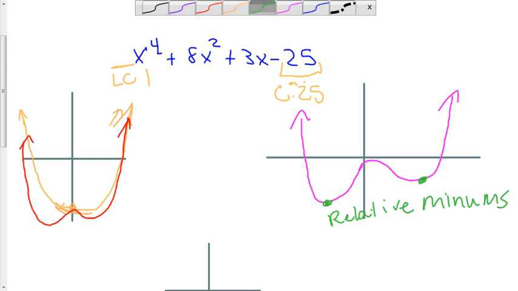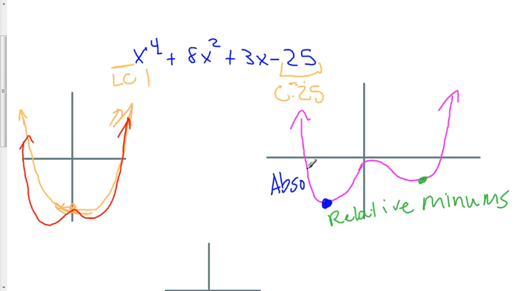The one on the left, this one, not only is it a relative minimum, it can also be called an absolute minimum, because it is the smallest value in your polynomial function.